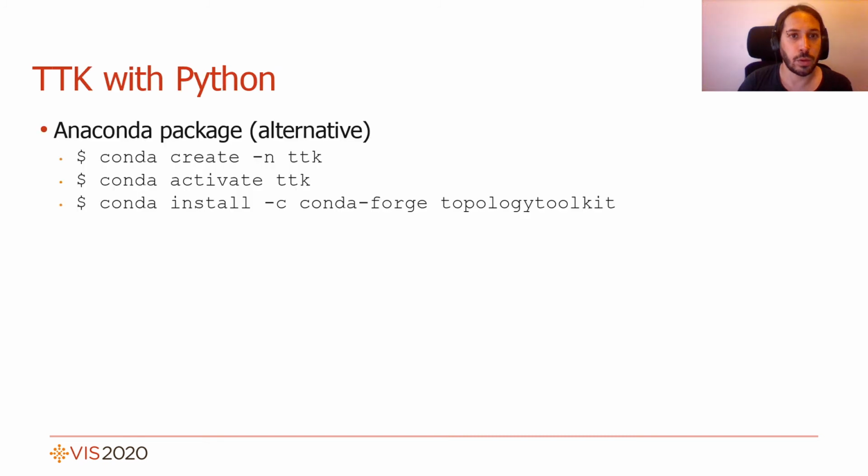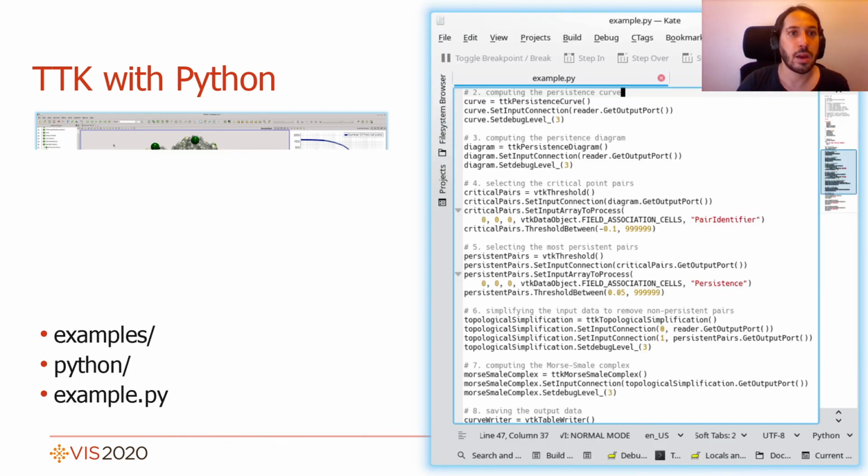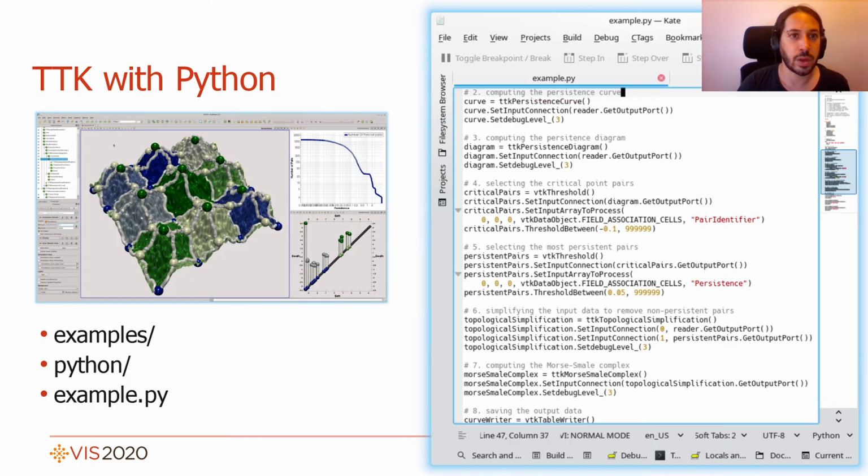And Lutz will further discuss this, but TTK support in Python is fairly easy to use thanks to an Anaconda package. So as mentioned before, TTK is available with a Python API. You'll find the code for the toy example processing in the source tree of TTK under the examples subdirectory, and the Python code will be under the examples Python subdirectory.